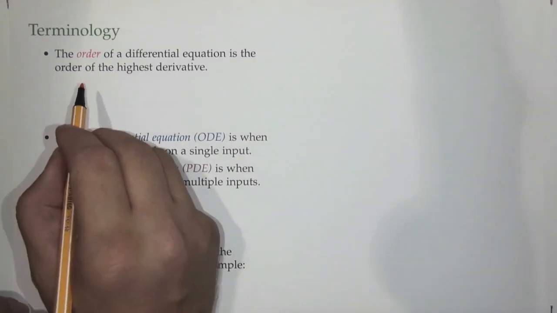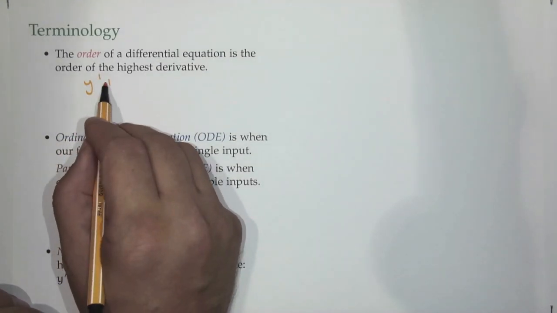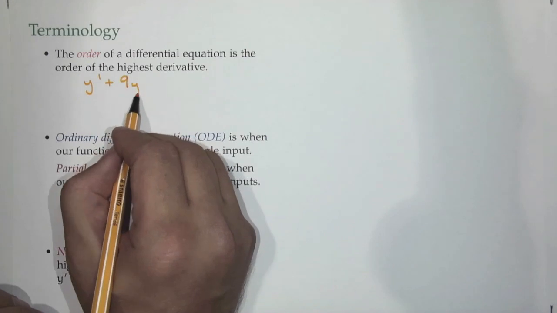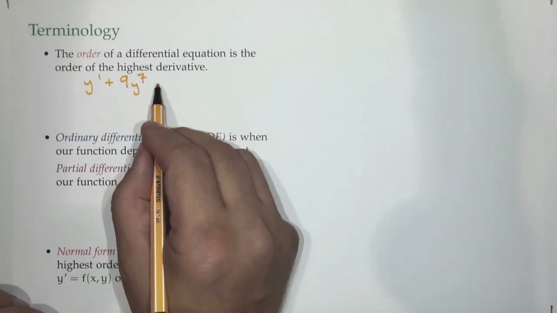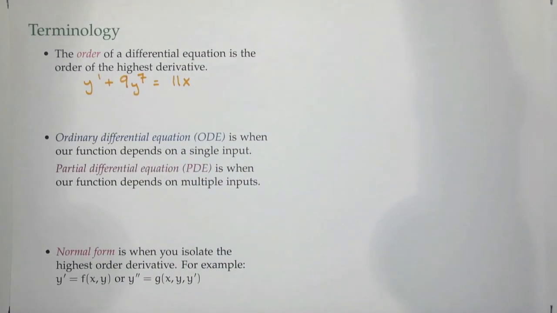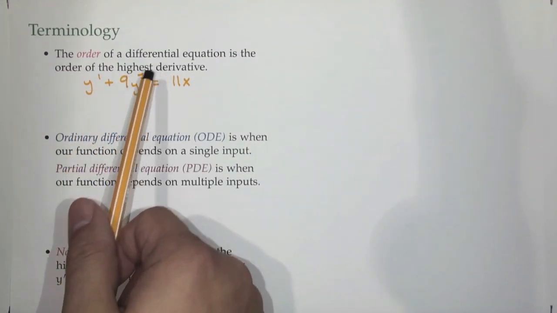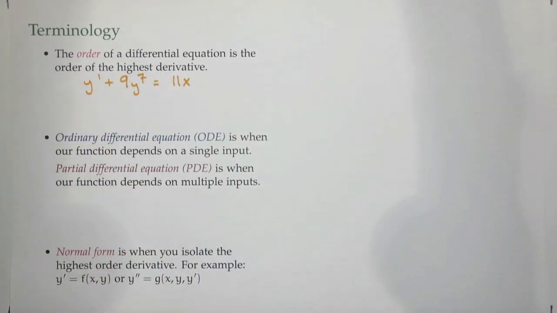So if I have something like y prime plus 9y to the 7th equals 11x, what's the order? It's a first order. But you may say, well, wait, y is raised to the 7th power. But it's not a derivative. When we're talking about order, we're after the derivative.